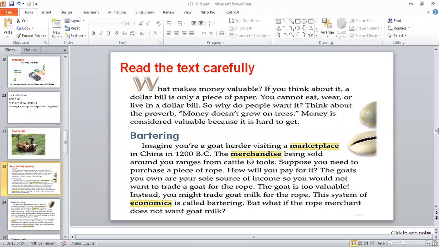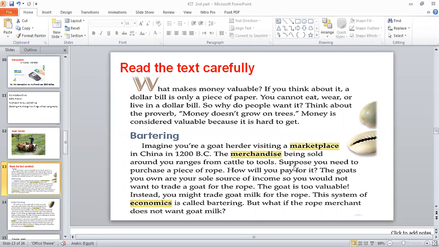The merchandise being sold around you ranges from cattle to tools.